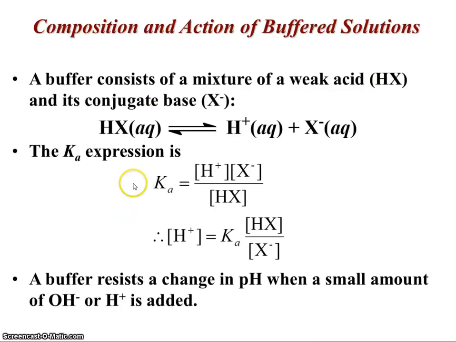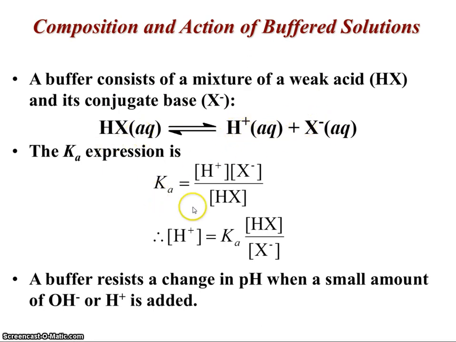For our buffers, which are a mixture of weak acids and weak bases, I can look at this from the acid's point of view, where I've got HA going to H plus and the conjugate weak base.